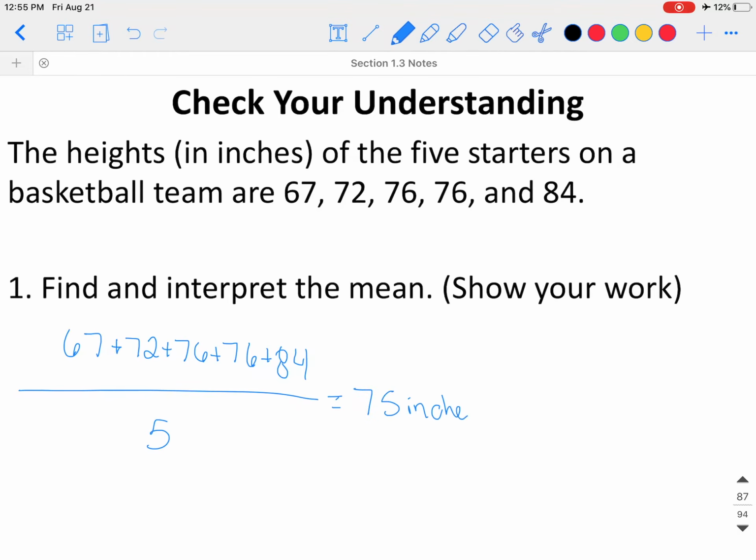And this will give you 75 inches. So this means if all 5 starters on the basketball team were the same height, all of them would be 75 inches tall. Or if we took the height of all the players and evenly distributed them among the players, they would each be 75 inches.